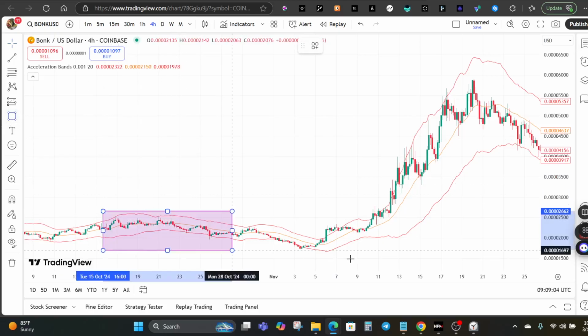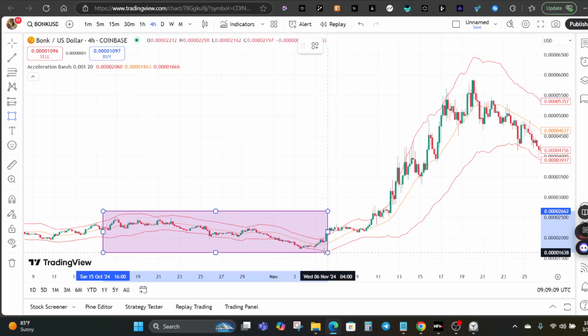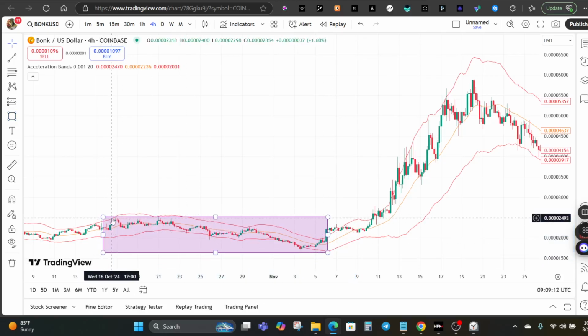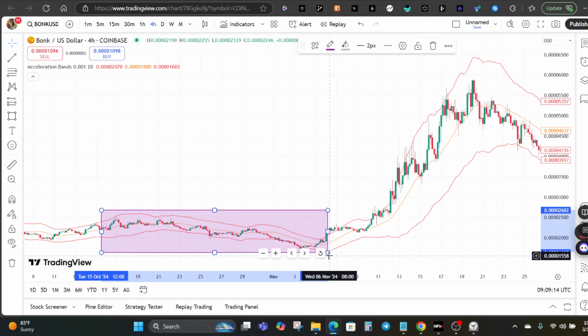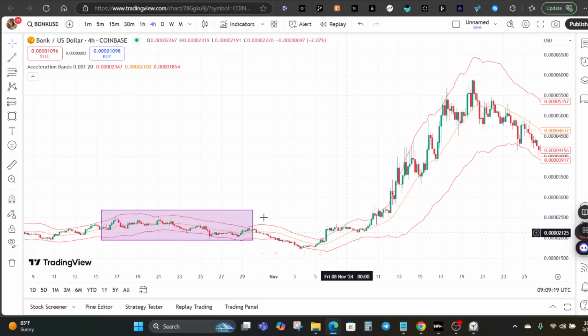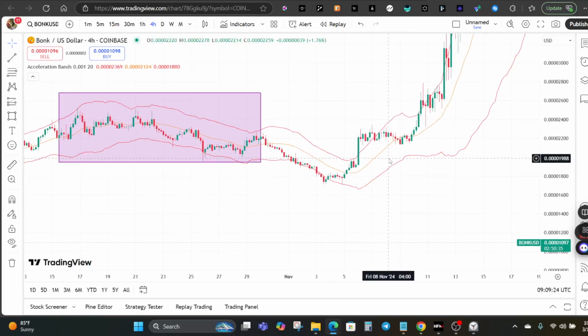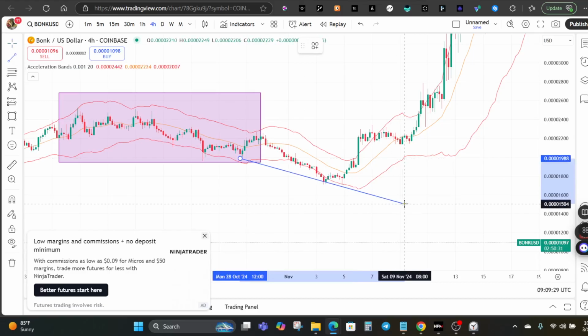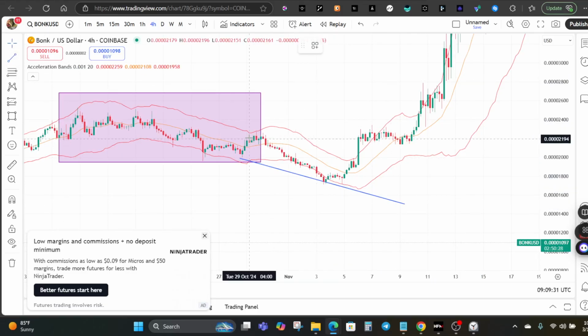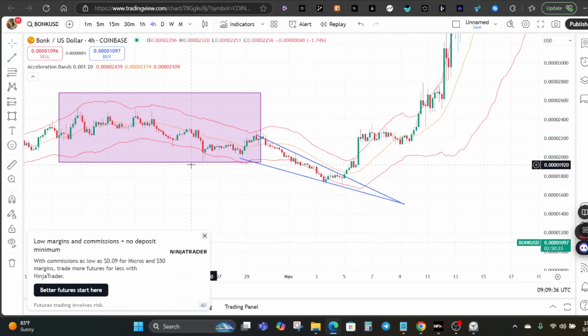We had a quiet period of two phases of consolidation. So price broke out of this declining wedge.